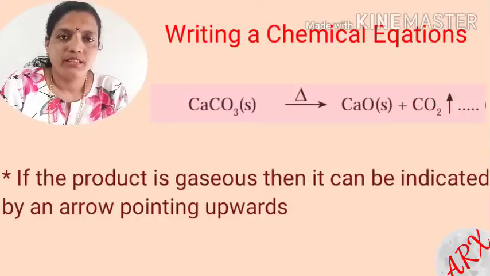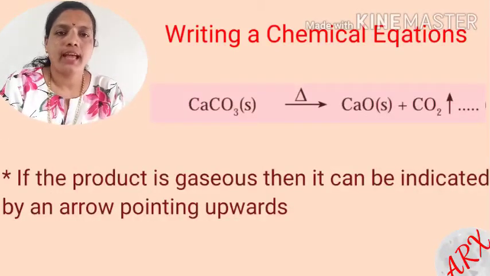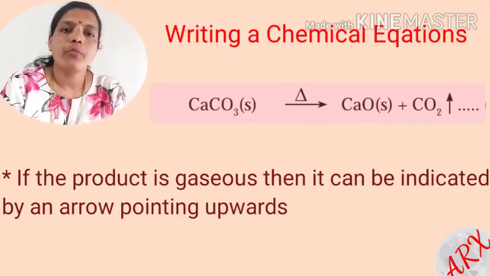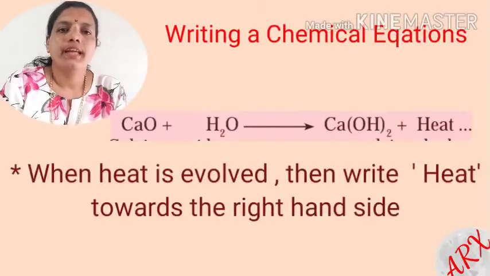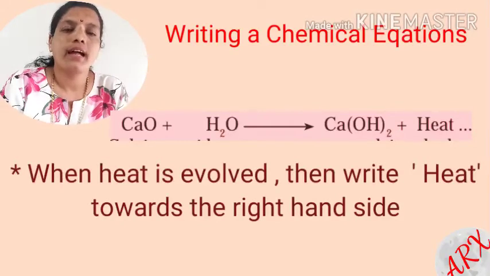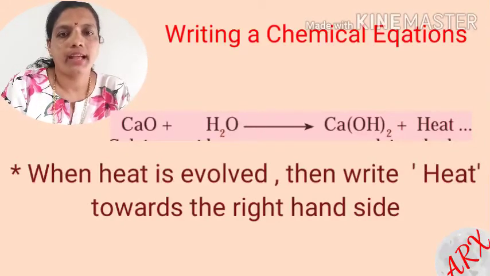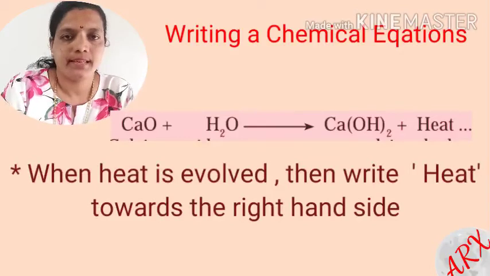And if gas is evolved in the reaction, then we show an arrow pointing upward. In a reaction in which heat is evolved, we write a plus sign and write heat on the right hand side.